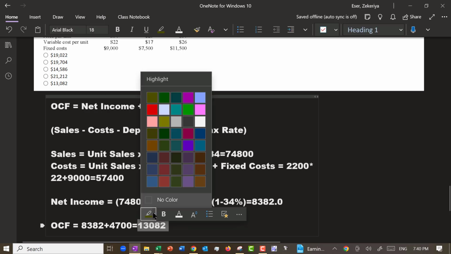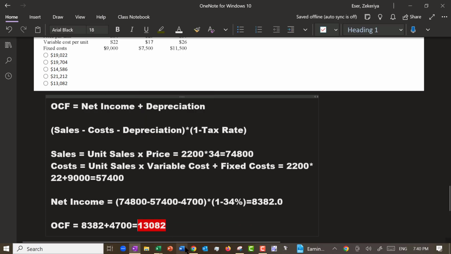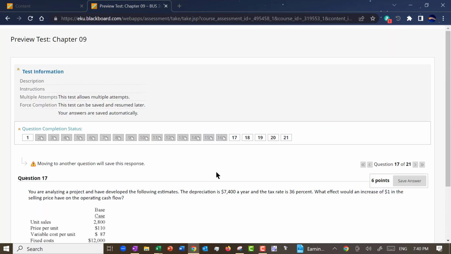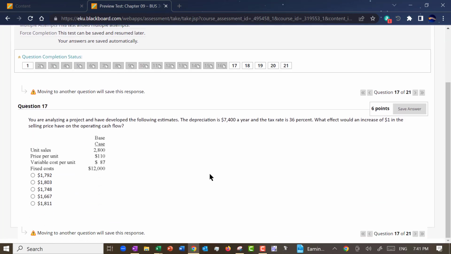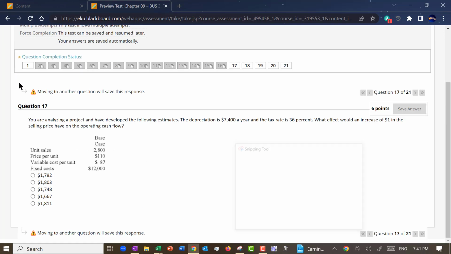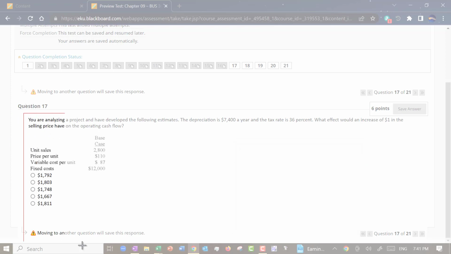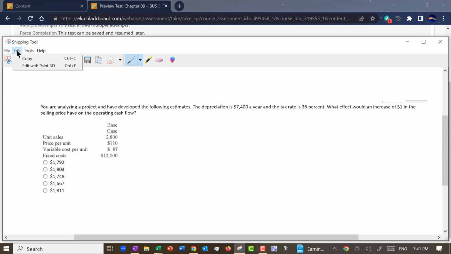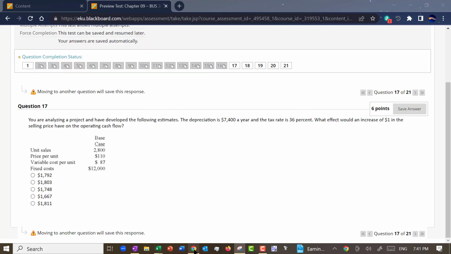Okay, this is an example of sensitivity analysis. We have all these units.